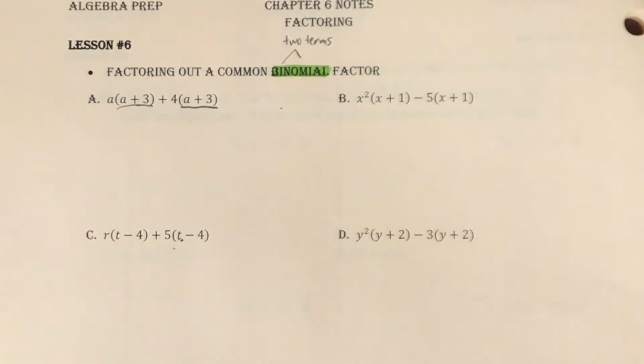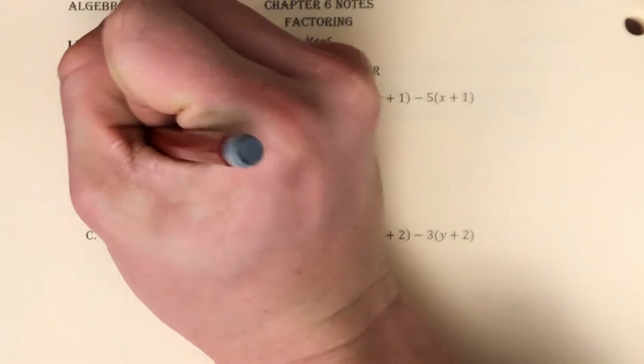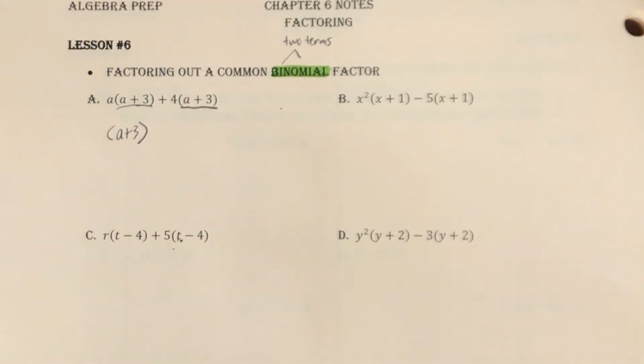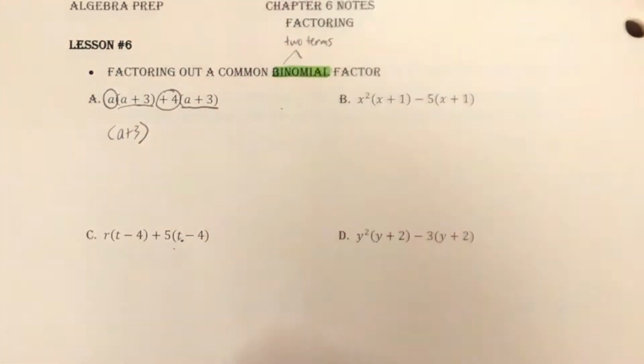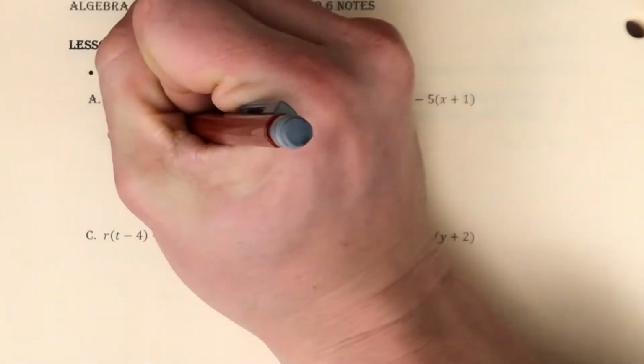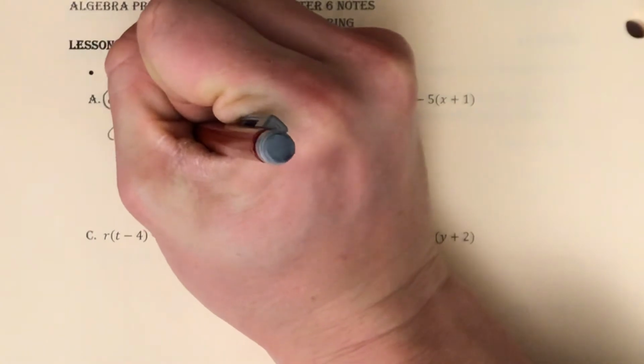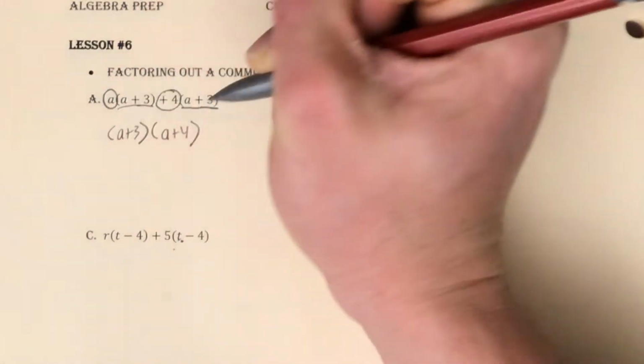So what we can do in that case is we can just combine them into one, and we can say, all right, A plus 3 is my first factor, my greatest common factor. And then we can take what's left over, which is the A here and the plus 4 here, the things that didn't get used. And we can combine those together to make our second factor. So our second factor would become A plus 4.